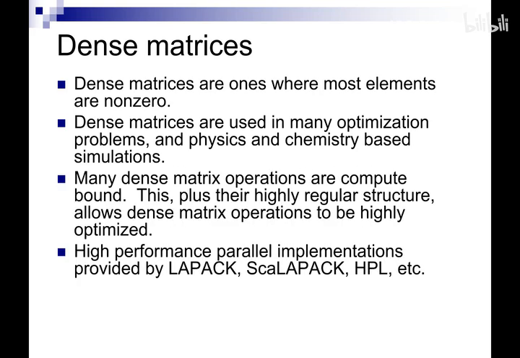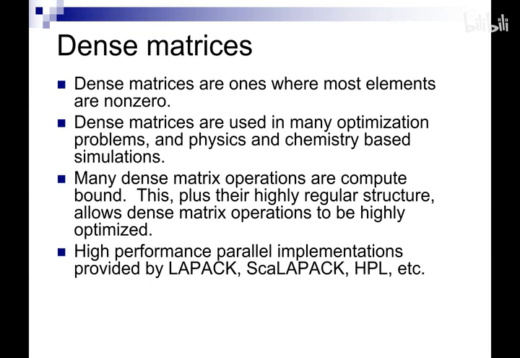Because all of the values or most of the values are non-zero, it turns out that these dense matrix operations are typically compute bound, especially dense matrix multiplication. This is unlike sparse matrix operations, which are typically memory bound.